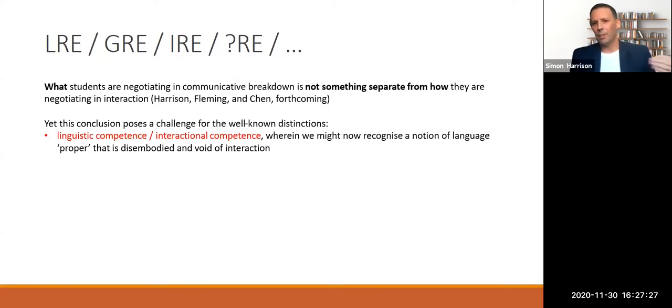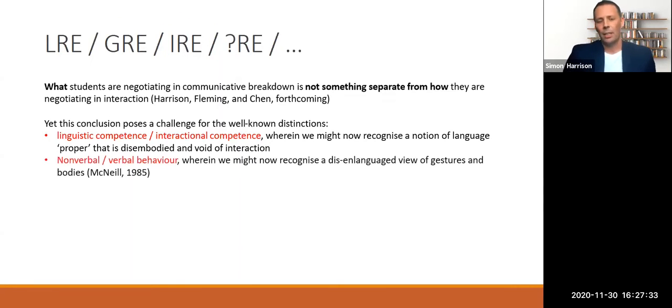And maybe we begin to recognize that there's a notion of language proper that has become disembodied and void of interaction. And at the same time, we also see these distinctions between non-verbal and verbal behavior beginning to be very problematic, where we recognize now a view of embodied behavior that seems to have been disenlanguaged.